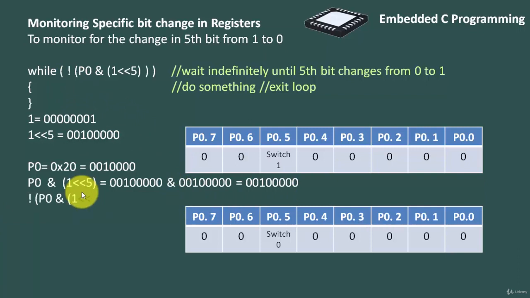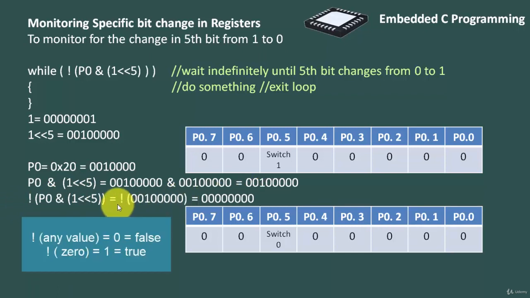So the logical negation of this value will result in 0. Please, again, don't get confused. It's a logical NOT operator. So NOT of some nonzero value will result in 0. NOT of 0 will result in 1. For this condition, since it's a 0, while 0 is treated as false. So while false, the loop will not get executed.